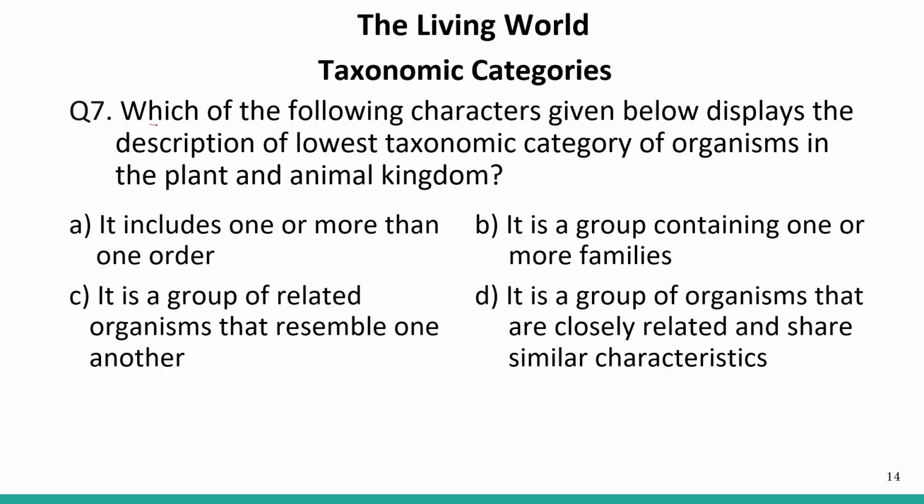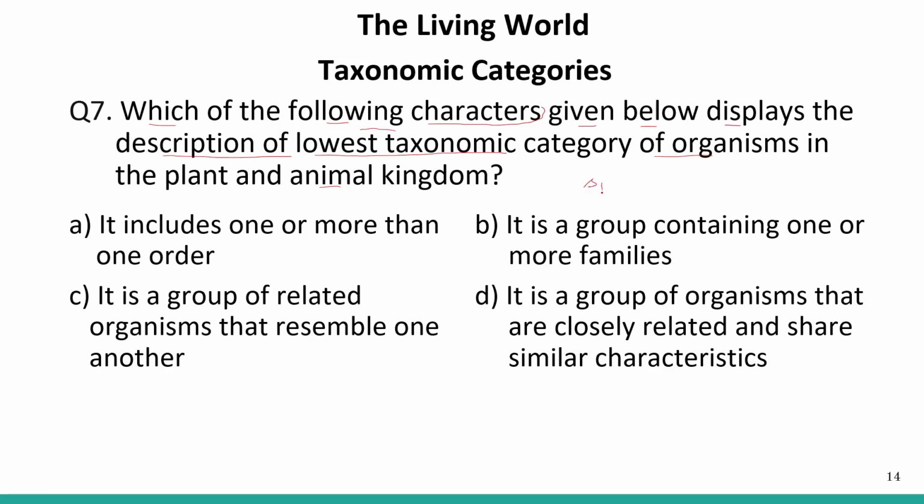The next question is, which of the following characters given below display the description of the lowermost taxonomic category of organisms in the plant and the animal kingdom? From these options, we have to mark the statement which displays the description of the lowermost taxonomic group. Which is the lowermost taxonomic group?